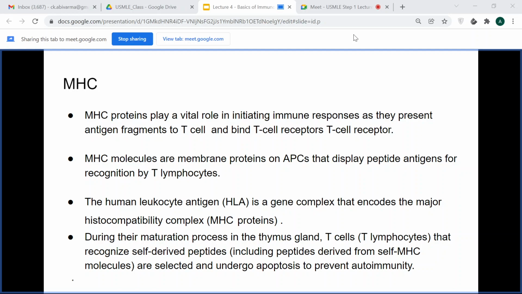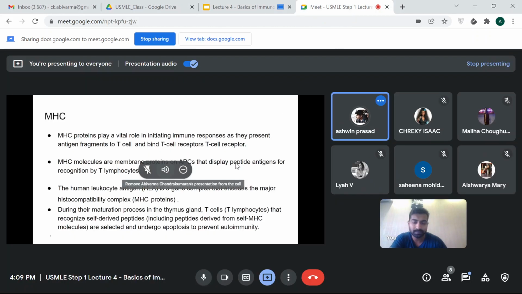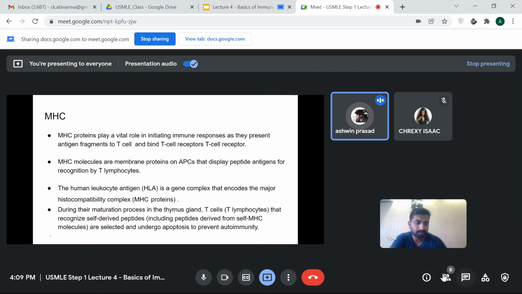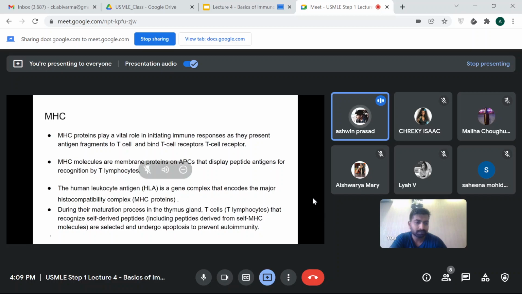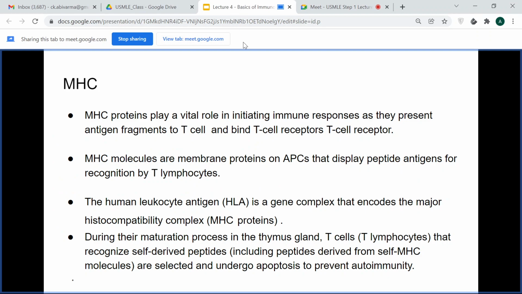There's one person who's also joined the meeting. Sorry. Yeah, that's fine. So just to get you up to speed, Abhi's just talking about... is it Aishwarya, the person who joined right now? Yes, it's me. Hi, Aishwarya. So we just started a couple of minutes back. This is, I think, the second slide. We're talking about immunology today.